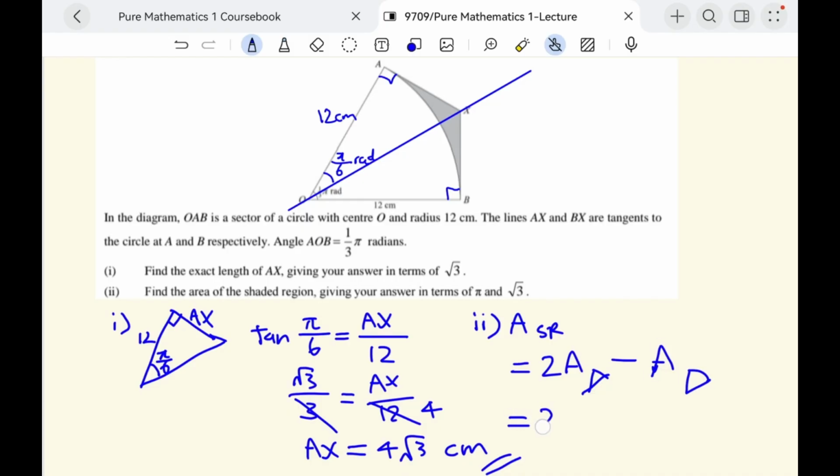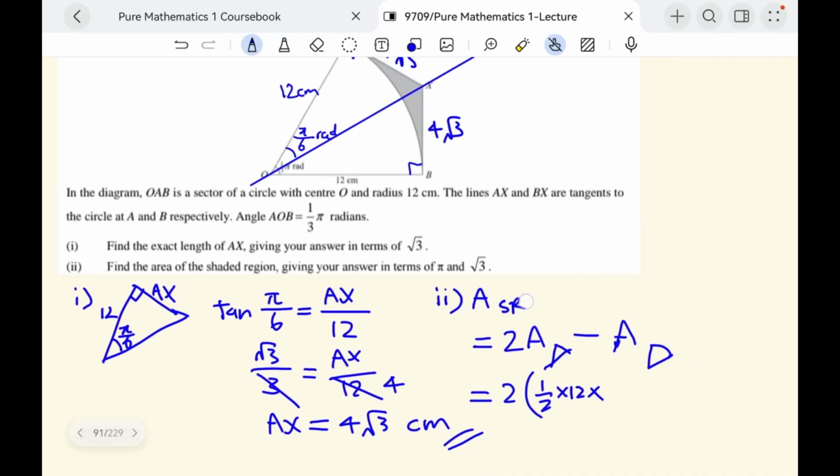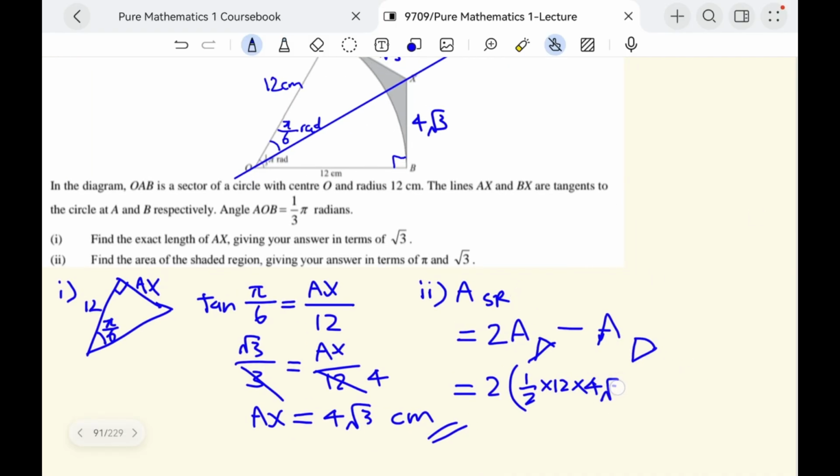To get the area of the triangle, it is half times base times height. How to get the height? The height is the length of AX that we have evaluated, so this is 4 root 3, as well as BX is 4 root 3.